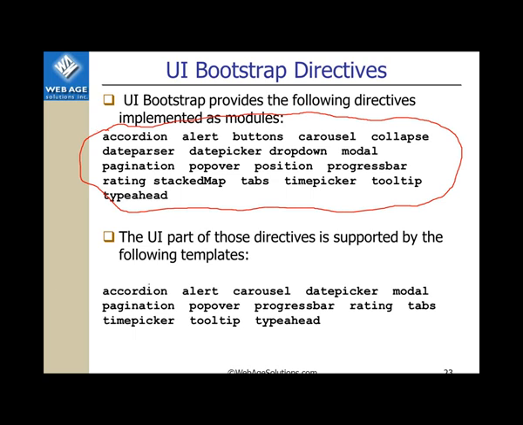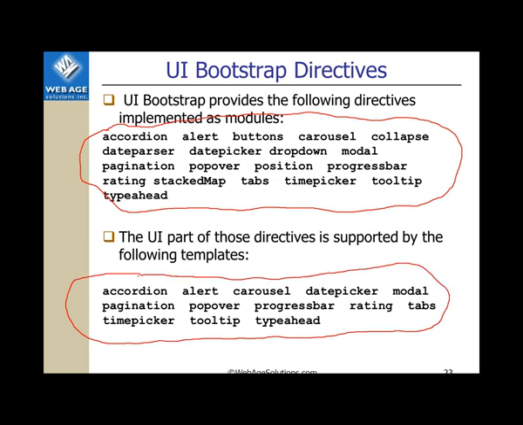And the UI list is just a subset of the full set of directives, and those are the templates which mimic, create sort of parallel structures to those found in Bootstrap.